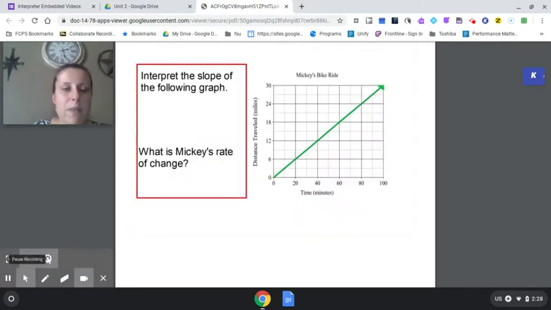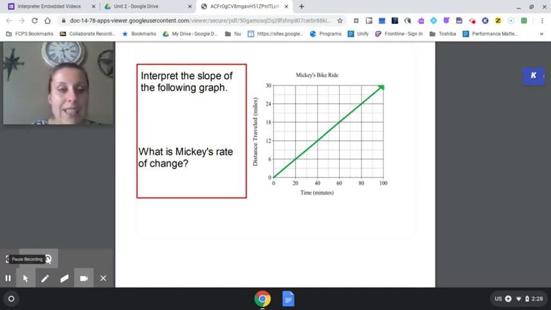Okay, we may be asked to interpret slope or what is the rate of change. These are ways that they could ask us to find the slope of a line and interpret the slope. So taking a look at this example, we have time on the horizontal axis and distance traveled on the vertical. And this is representing a bike ride by Mickey.